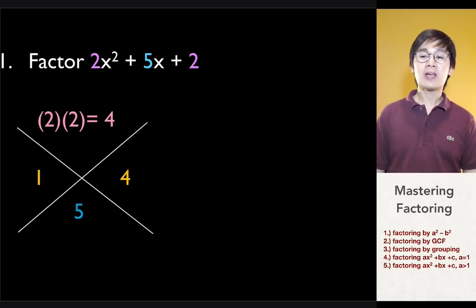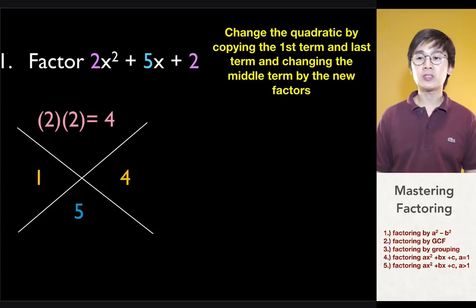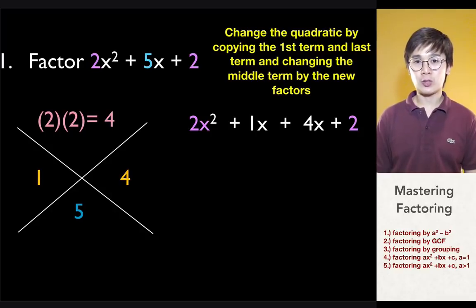Now, once we have found the matching factors, we're going to use an added step, and in this case, what we're going to do is copy the first term and the last term of the original quadratic equation, and we will change the middle term using the new factored form of 4, which is 1 and 4. So our new polynomial will look something like this. So this is the added step that we're going to be using after we found the two factors.